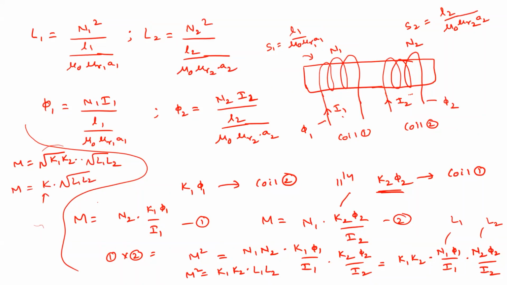This constant K is called the coefficient of coupling and may be defined as the ratio of mutual inductance actually present between the two coils to the maximum possible value.